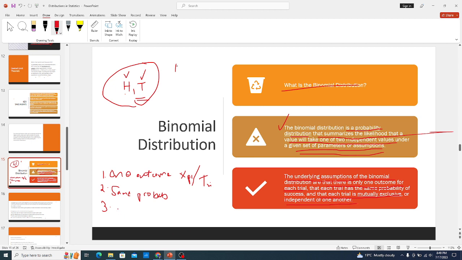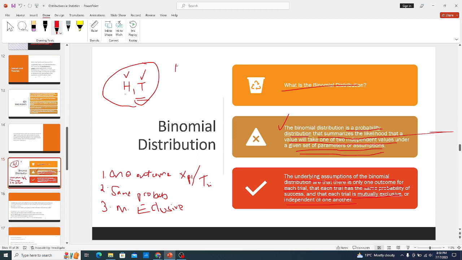So each trial is mutually exclusive. What does this mean? It means that each outcome is independent of one another. Like the outcome of the first trial does not affect the outcome of the second trial.